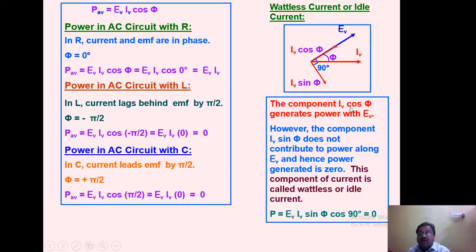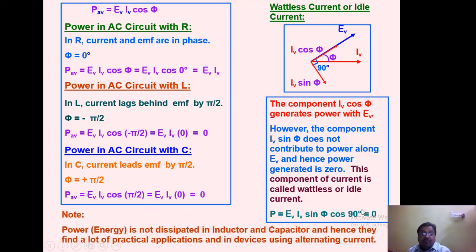Now if there is a 90-degree angle between these two, as marked in the figure with IV sin phi, then no power is consumed. Corresponding to the current, power consumed will have no watt. It is wattless.